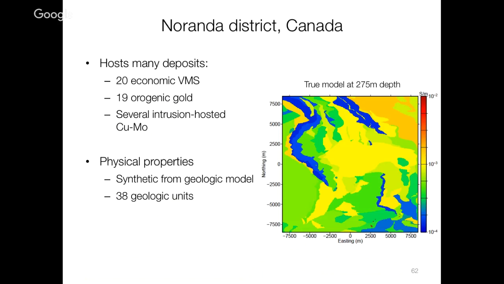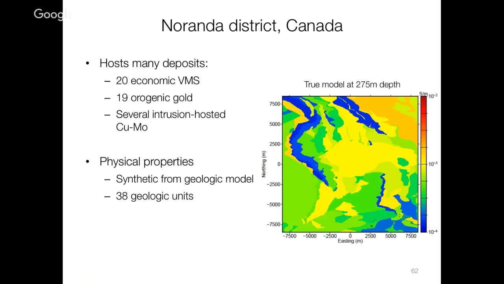And here's a region that's like 20 kilometers by 20 kilometers that has about 20 economic VMS deposits and a whole bunch of orogenic gold deposits and a lot of structure. So a lot of people have worked on this, and because of that, they developed a geologic model that actually had 38 geologic units.